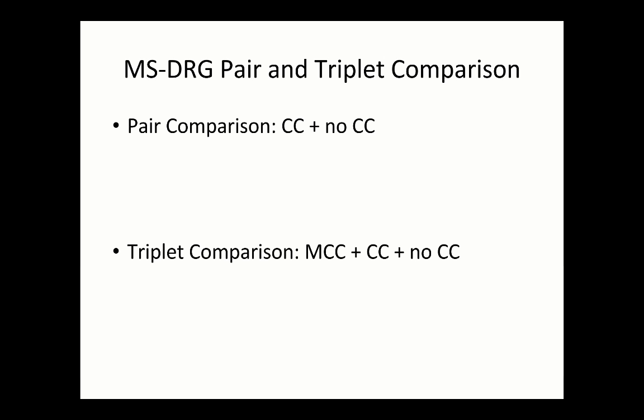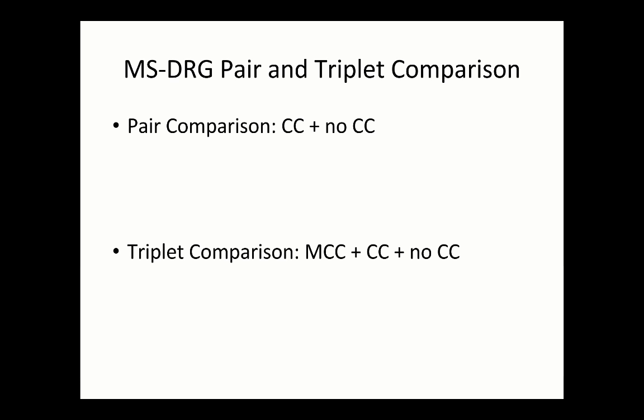Triplet comparisons are made by determining the proportion or percentage of complication and comorbidity cases out of the patients with CC, MCC, and no CC. You can also change the numerator and determine the proportion of MCC cases.